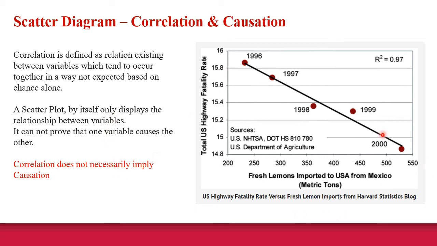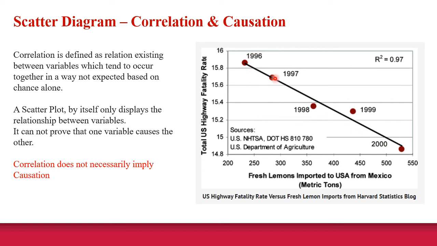This here is a classic example where you plot total U.S. highway fatalities against fresh lemons imported to the USA from Mexico. You know what I mean? And so you can get these weird relationships where it looks like, oh my gosh, in 1996 we imported a lot of lemons, and down here in 2000 we didn't import many, and we didn't have as many accidents.